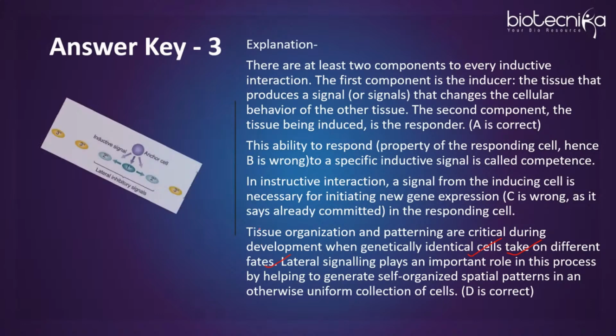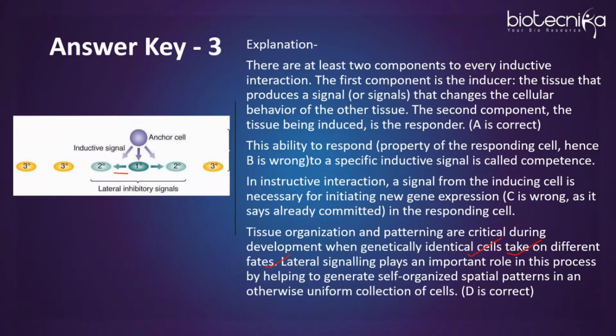Tissue organization and patterning are critical during development, when genetically identical cells take on different fates. So what does lateral signaling mean? That is the inhibition. One cell gives an inductive signal, and then another cell will give a different signal to the nearby cells. Even if all these cells are getting signal, because of lateral inhibition, lateral meaning sideways inhibition, they form something else. Can you see a pattern has formed?